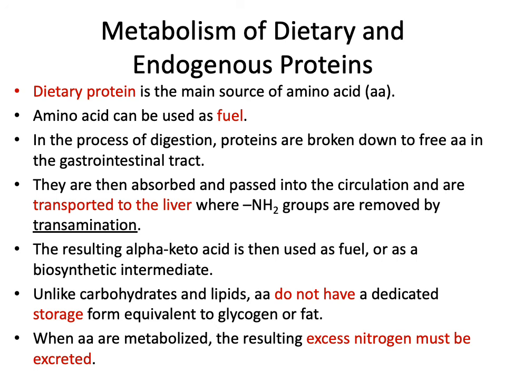So then we're left with these alpha keto acids that can be used as a fuel or as an intermediate to make other compounds. So again, unlike carbohydrates, which have a small amount of capacity for storage, and lipids, which have an unlimited amount of storage capacity, amino acids do not have a dedicated storage form.